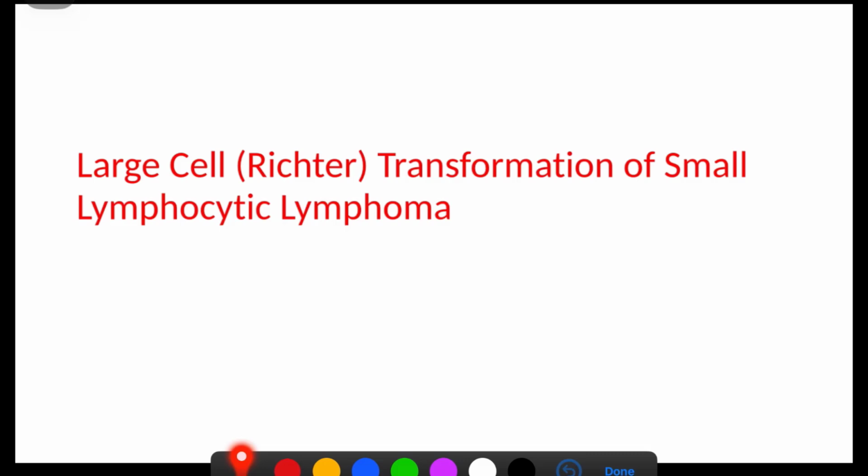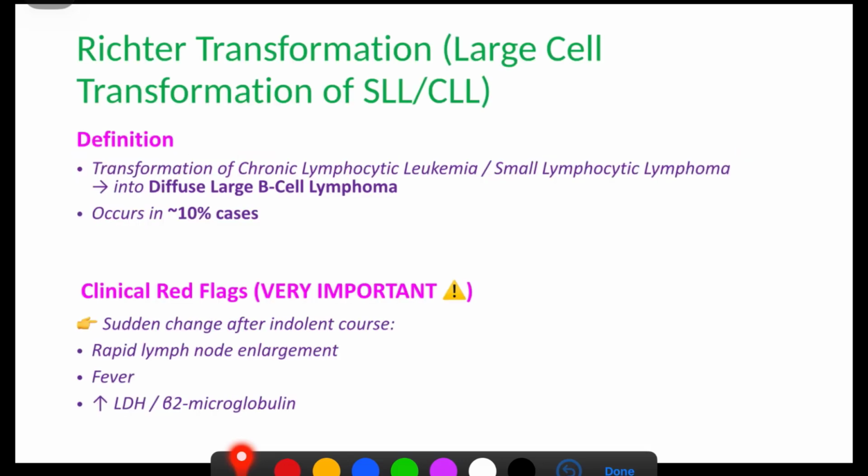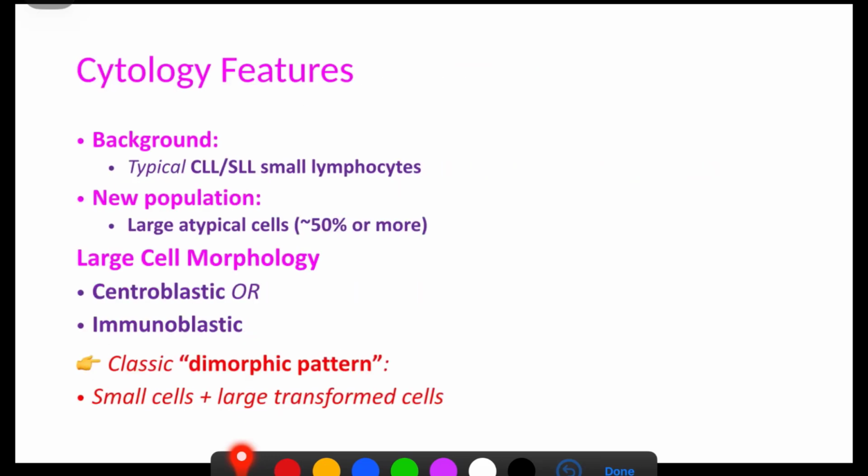Now another category is large cell or Richter's transformation of small lymphocytic lymphoma. By definition, CLL/SLL is transformed into DLBCL, which occurs in 10% of cases. Clinical red flag, very important to remember: there is a sudden change after an indolent course, rapid lymph node enlargement, fever, and if we go for LDH and beta 2 microglobulin, they are increased.